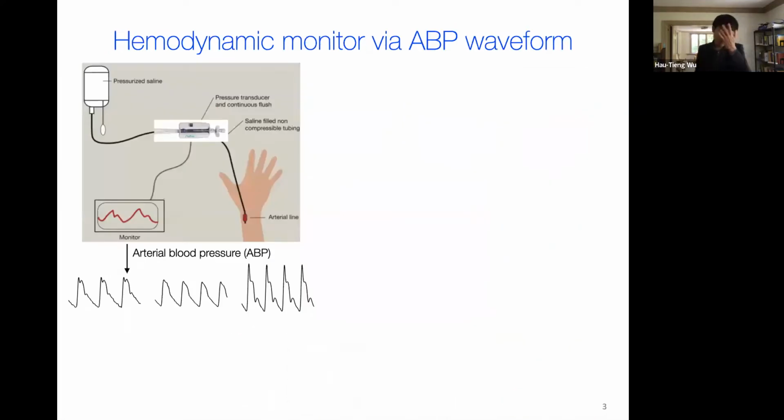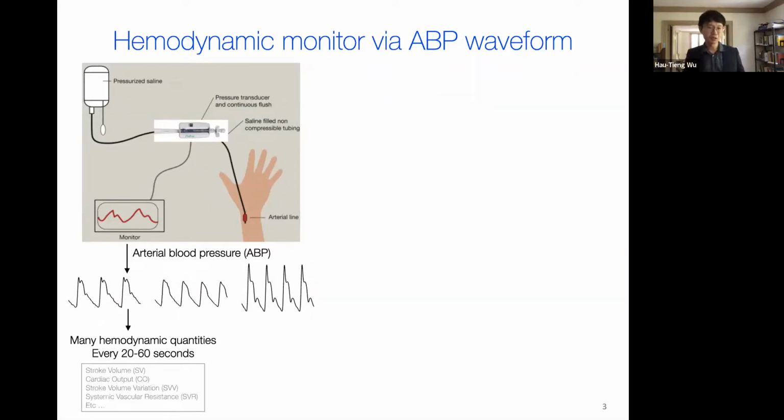Usually, what does the signal look like for this hemodynamic monitoring? We can look at this arterial blood pressure signal, which looks like this, recorded in different phases of the surgery. You can see the morphology of the oscillation changes from time to time, and it's kind of periodic.